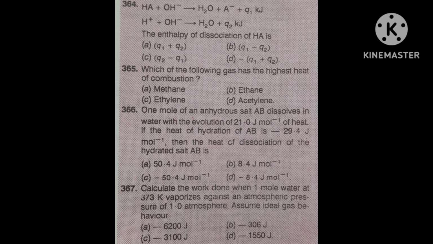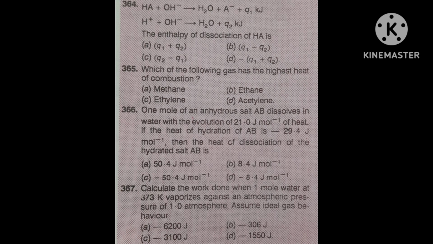Then the total value is given as minus 21. So delta H1 plus delta H2 is equal to minus 21.